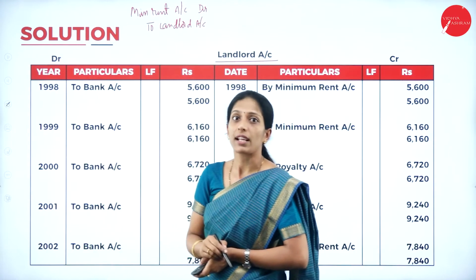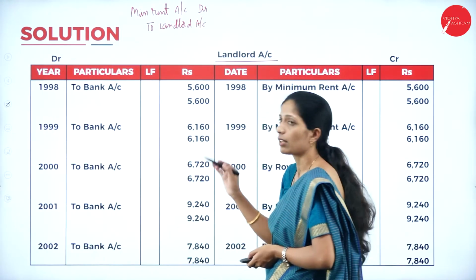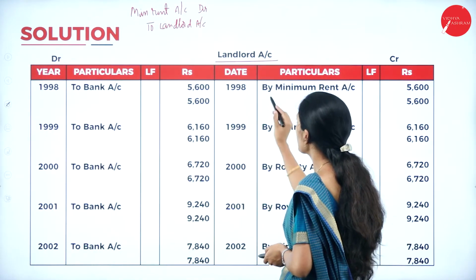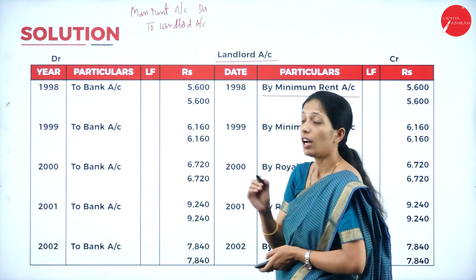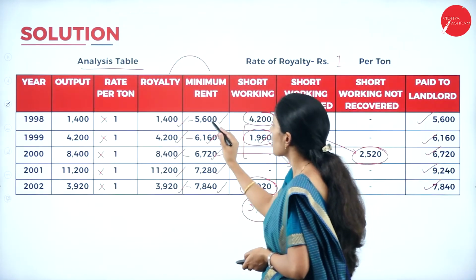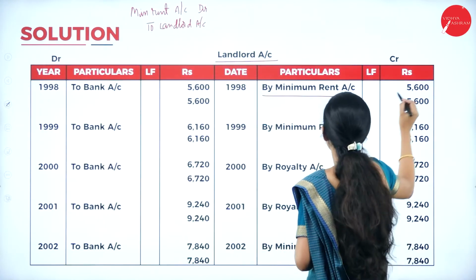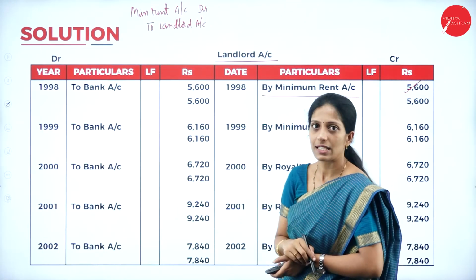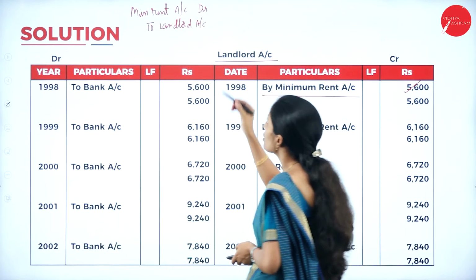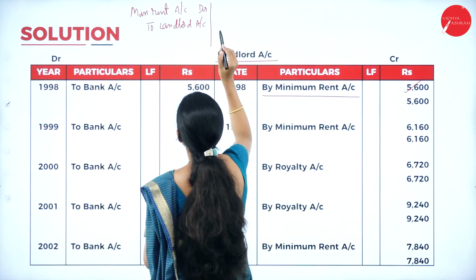So how are we going to write? By minimum rent. What is the minimum rent? It is 5,600. So by minimum rent 5,600. So this is the first entry.